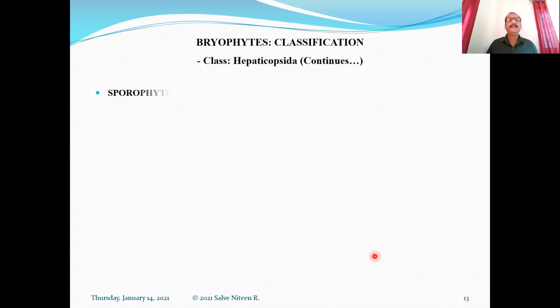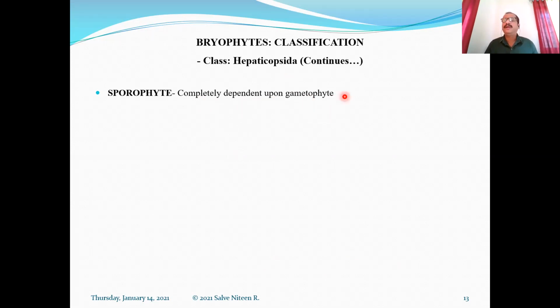Okay. Next character, sporophyte. Here in this class, sporophyte is completely dependent upon gametophyte. That is, sporophyte is totally dependent on the plant body, morphologically as well as physiologically. Morphologically means for support, it is dependent on the plant body, and physiologically means for physiological function like photosynthesis, preparation of food material, absorption.